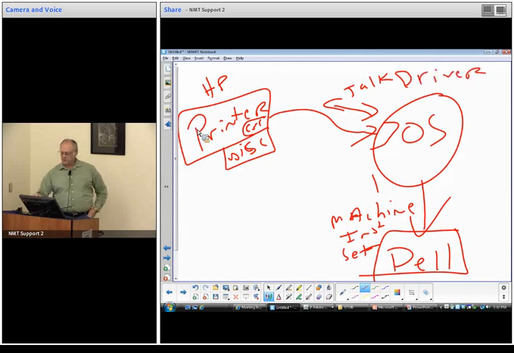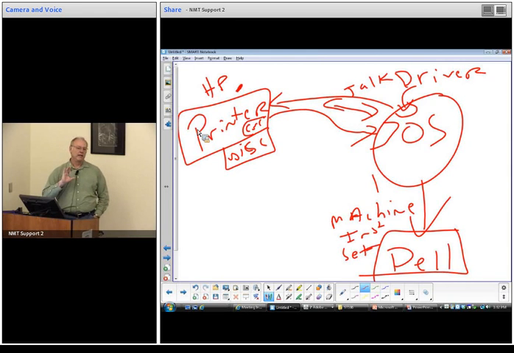And that's a little program that runs within the operating system that talks to your hardware. So that driver understands the commands and the messages coming from that printer and knows how to send those same messages back. Okay? So that's what a driver does.